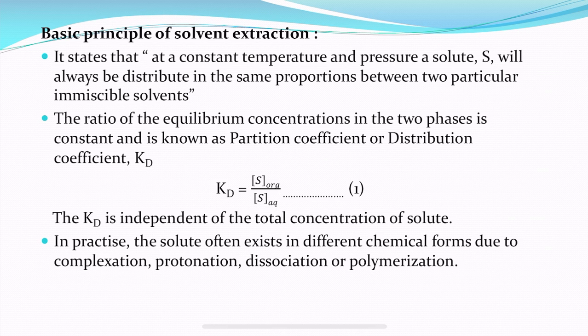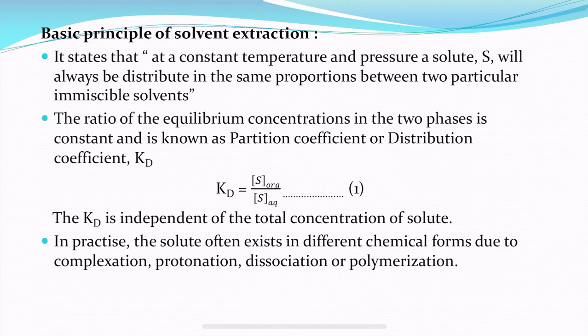So all the polar compounds present in our sample will move towards the more polar solvent, and the less polar solutes towards the less polar solvent. This is what is going to happen in solvent extraction.